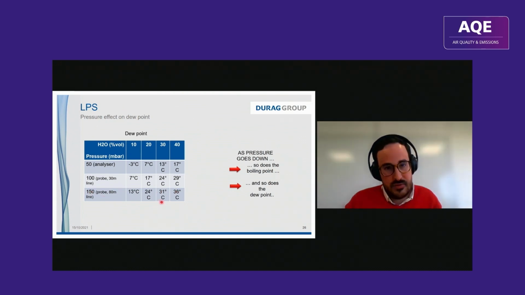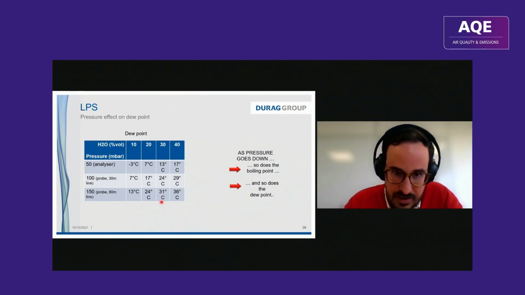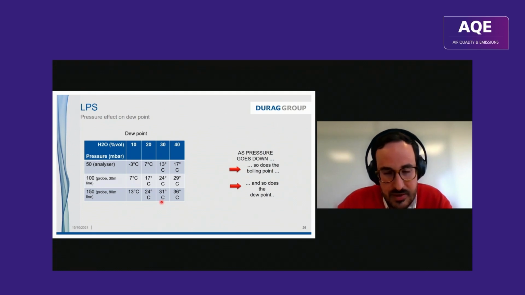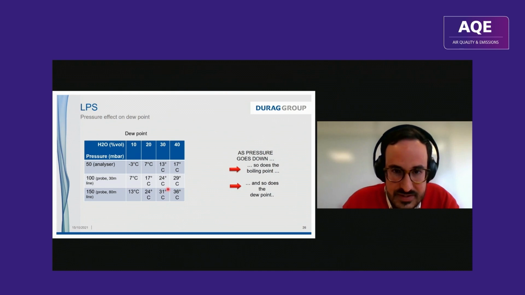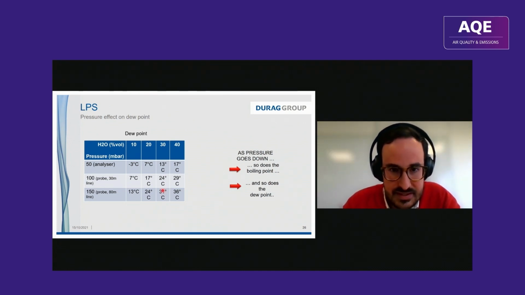So really, when you lower the pressure, you avoid the dew point. You will also have similar phenomena with salt formation, HCl and ammonia, for example. So in general, we recommend heating our sampling line at 80 degrees to be always way above these points, and to be able to avoid water dew point and acidic dew point.